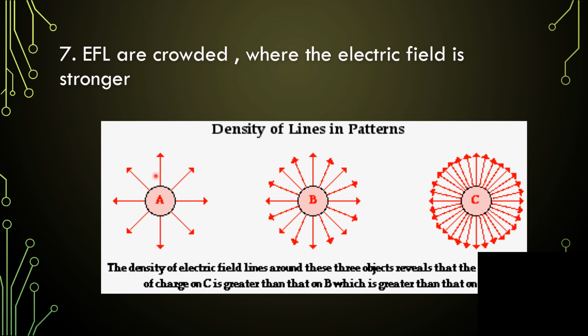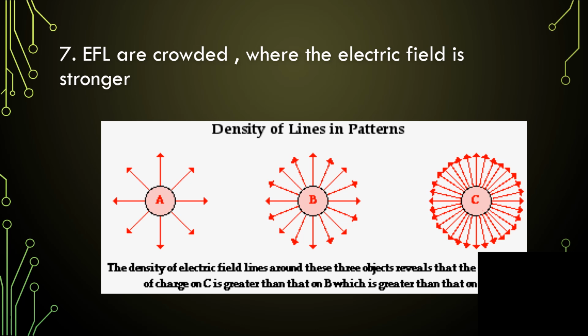Now, the next point is that where electric field lines are crowded, the field is stronger. If the field lines are more in number, then the electric field is stronger in that region. Look at these three pictures. In A, some field lines are drawn and there is a lot of space between the field lines, right?